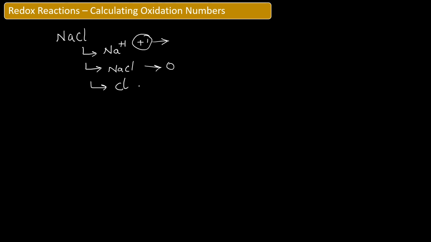Therefore, for chlorine, we see the oxidation state to be -1, because Na takes +1 and NaCl as such should be 0. So if this is -1, the overall sum of oxidation states would be 0.